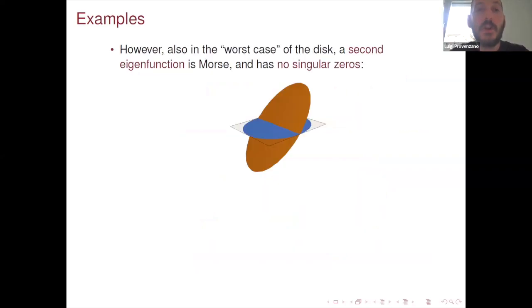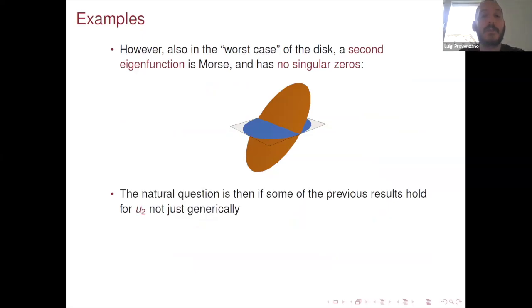But also in this, say, worst case of the disk, the second eigenfunction is Morse, and it has no singular zeros, also in this worst case. So the natural question, looking at this and also the example of the cylinder, is whether some of the previous results hold for a second eigenfunction in dimension 2, not just generically, so that they hold always.